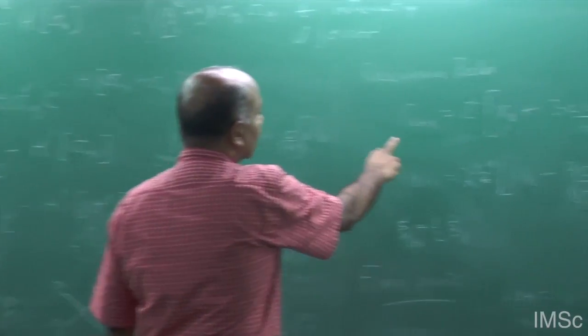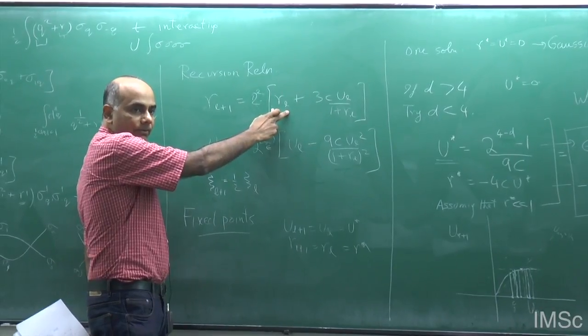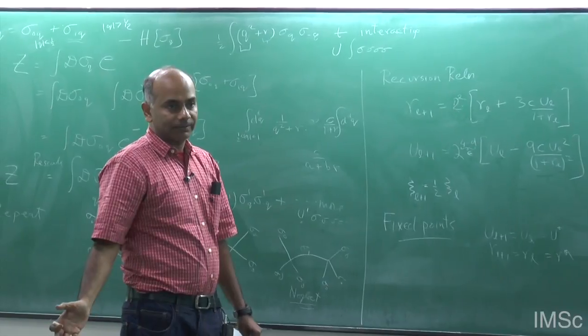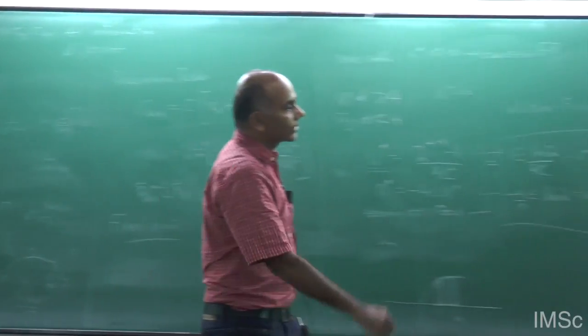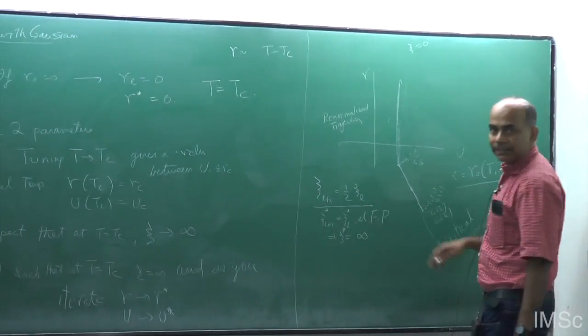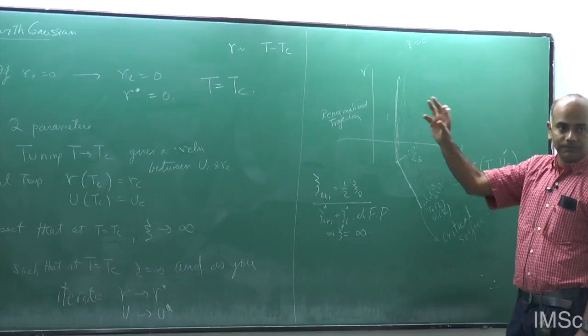Remember, for the Gaussian case, this had to be exactly 0. And now we're saying there are two conditions that have to be satisfied, and those two conditions will specify where you're going to go. If you want to hit a fixed point, there's only one point which satisfies that.